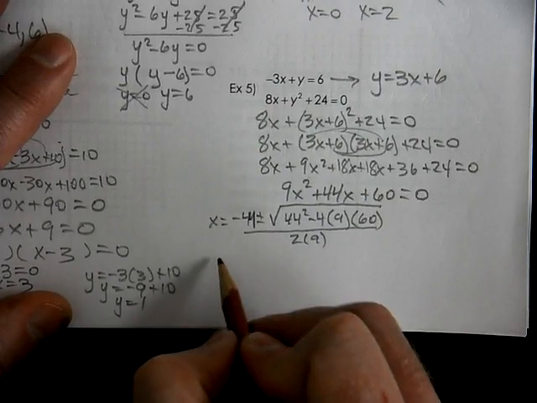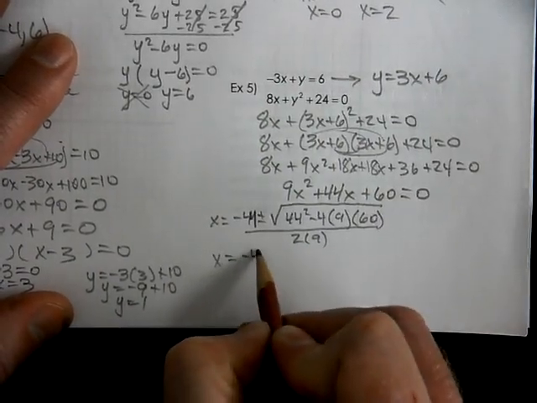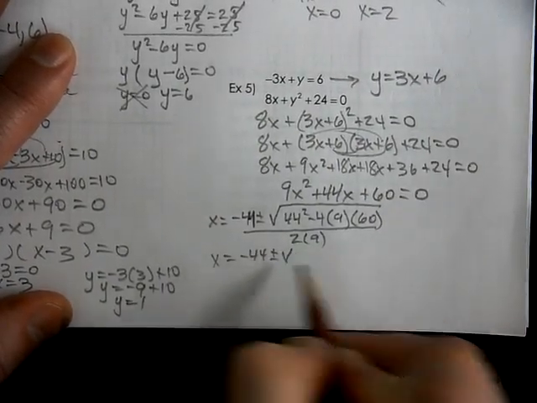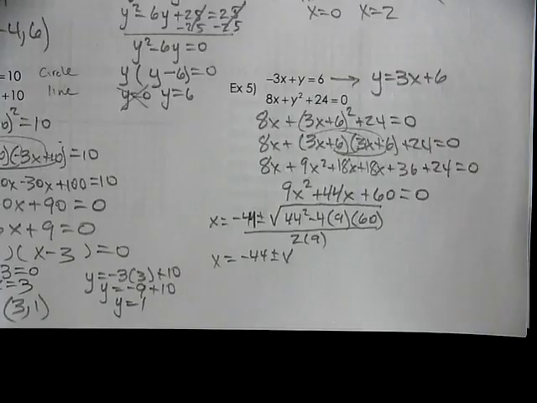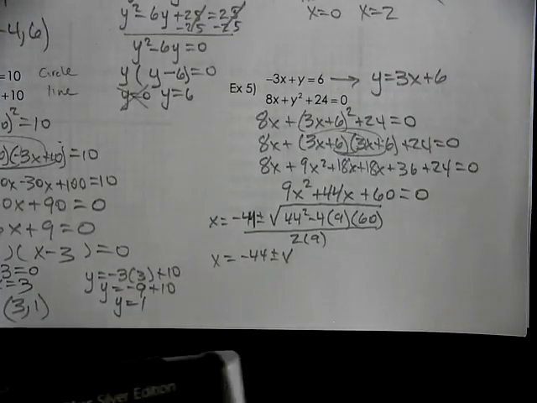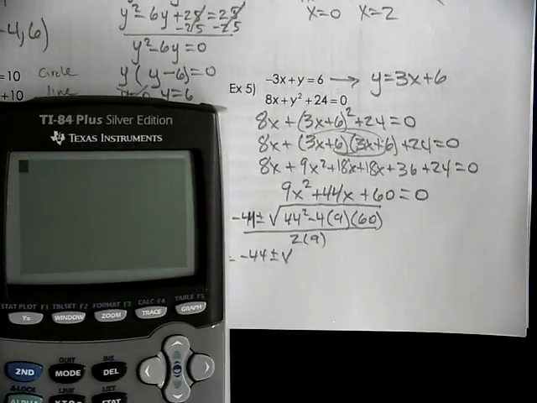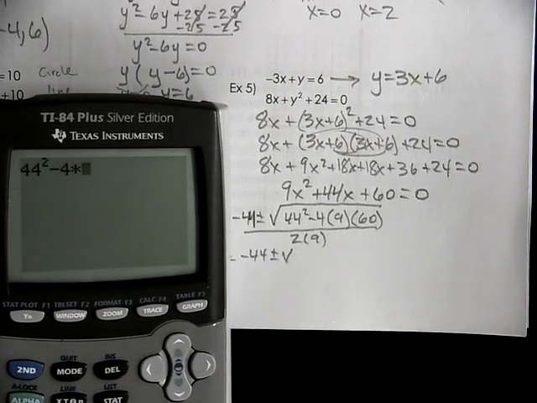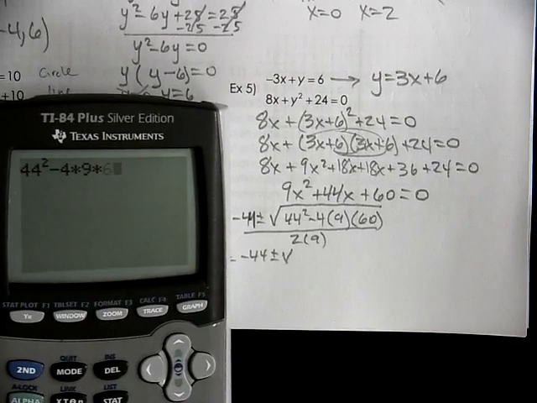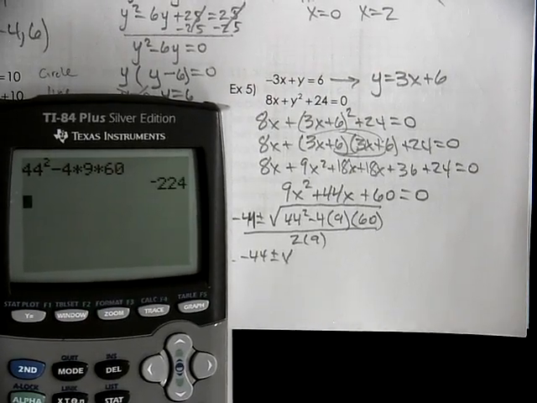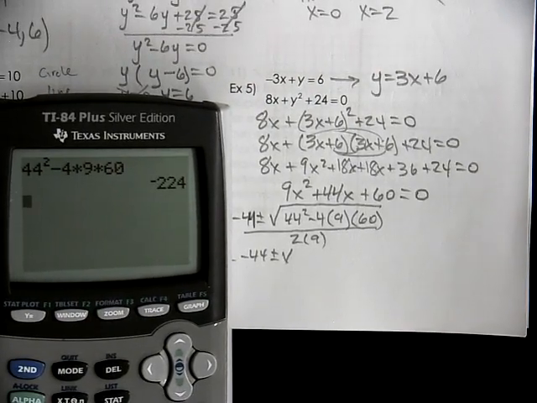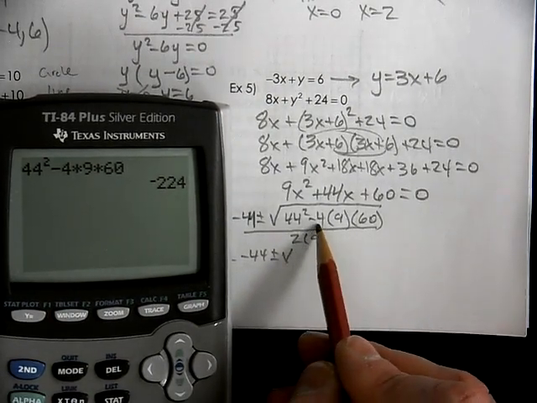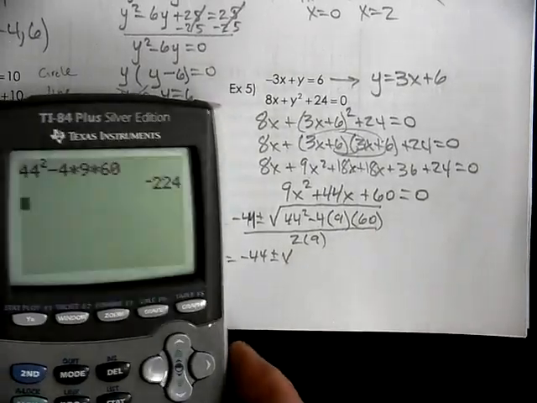That's pretty ugly. x equals negative 44 plus or minus the square root of 44 squared minus 4 times 9 times 60, which gives me a negative value inside. b squared minus 4ac.